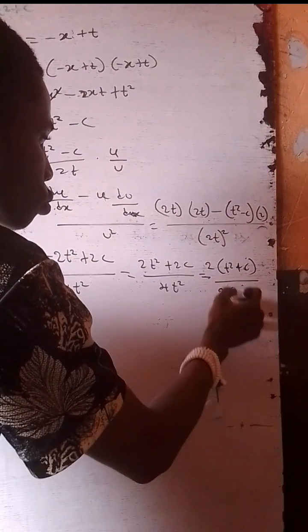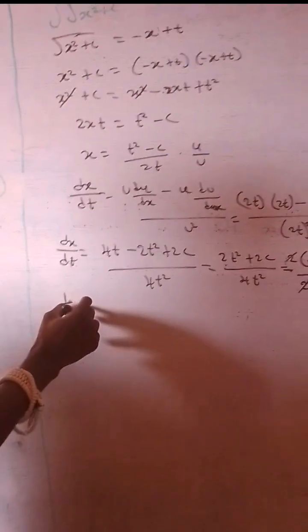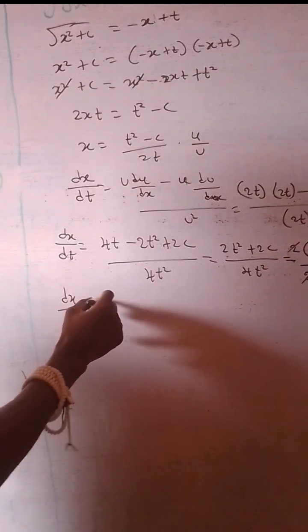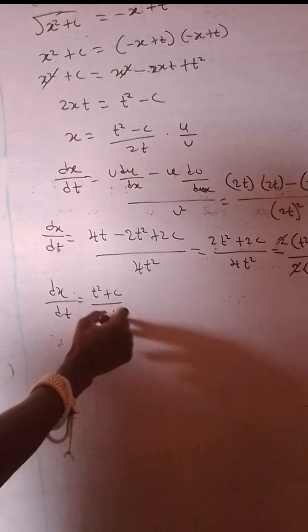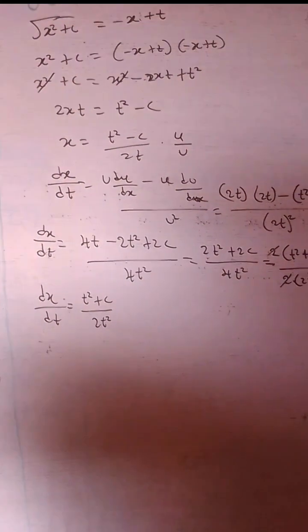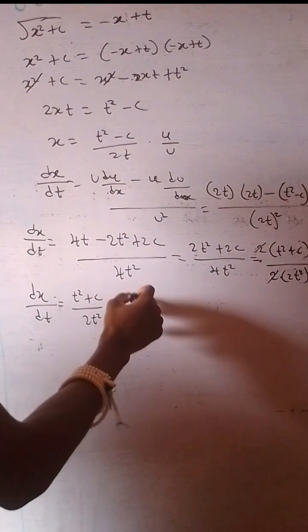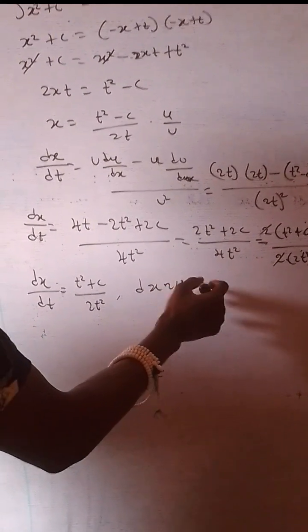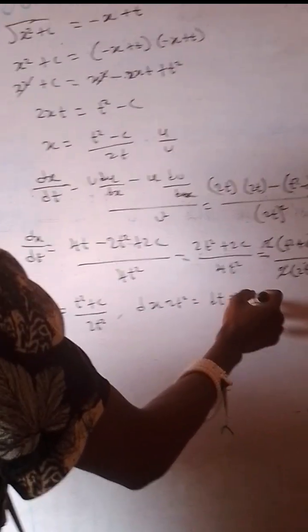You can also put 2 then 2t squared, so the 2 cancels out, and our dx over dt will simply be equal to t squared plus c over 2t squared, right? And we cross multiply, so that dx equals t squared plus c over 2t squared dt.